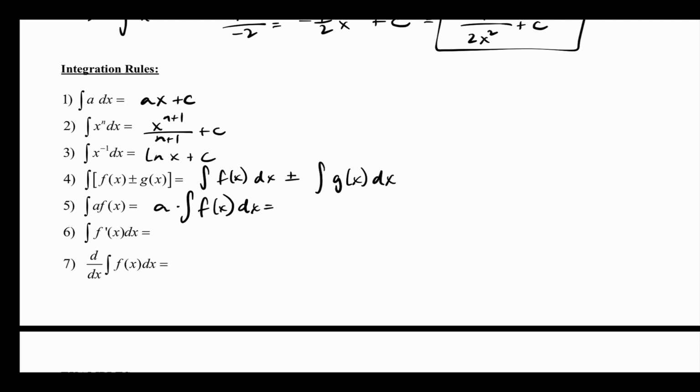The antiderivative of a derivative. What is the antiderivative of a derivative? The original. If you find the antiderivative of a derivative, you're doing what we've been doing, right? You're just finding the original.